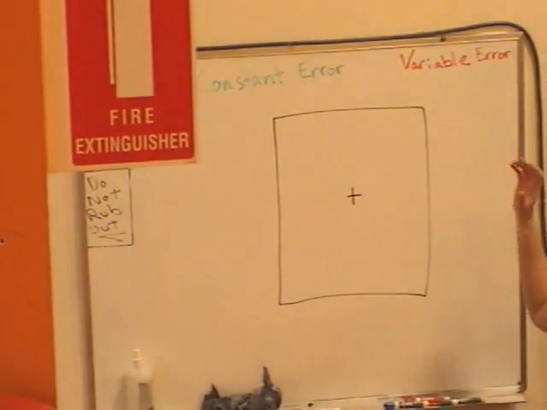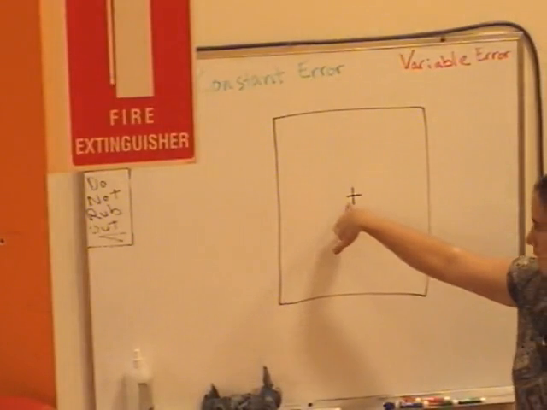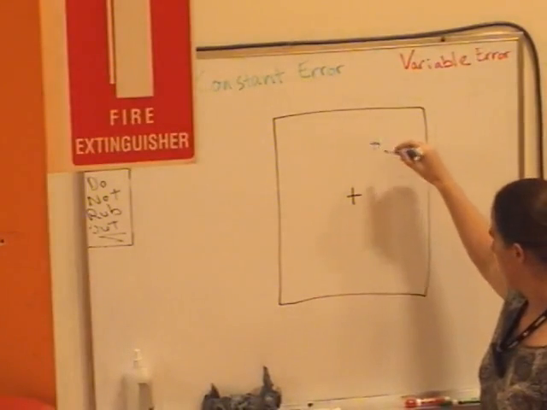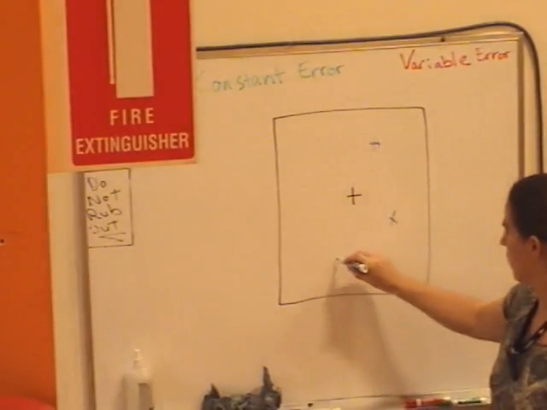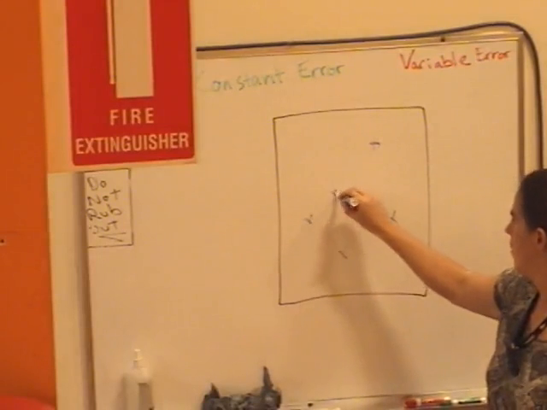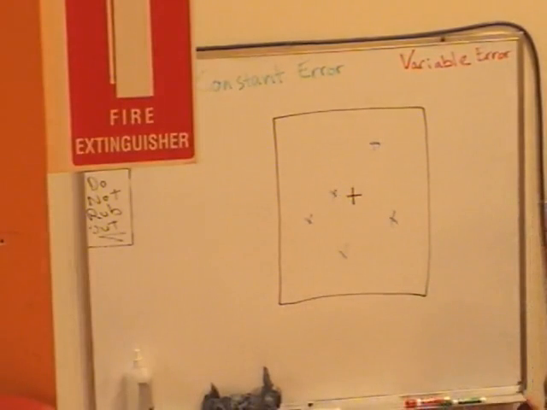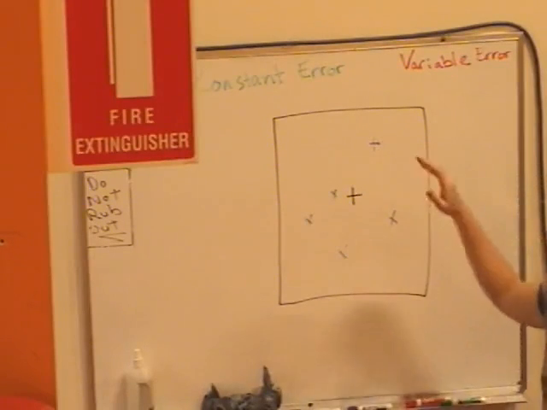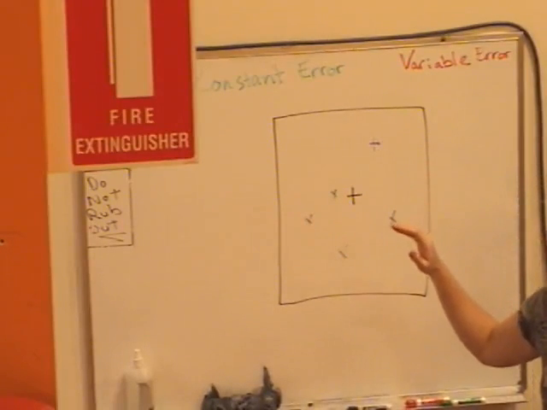So let's say here's a target and people are trying to aim to hit the center mark, that X there. And let's just throw up a couple random places where they hit. Do you know what the constant error of that would be?